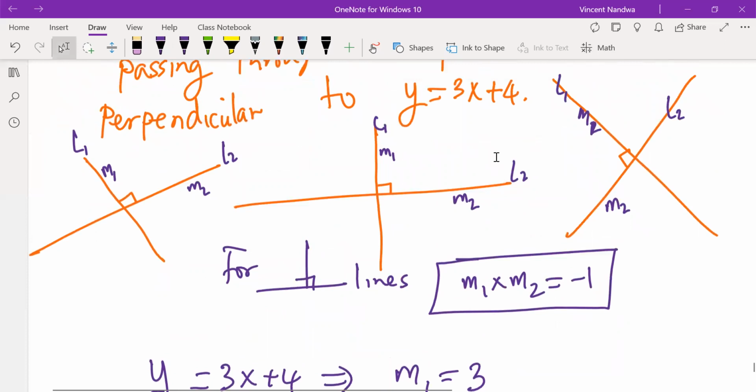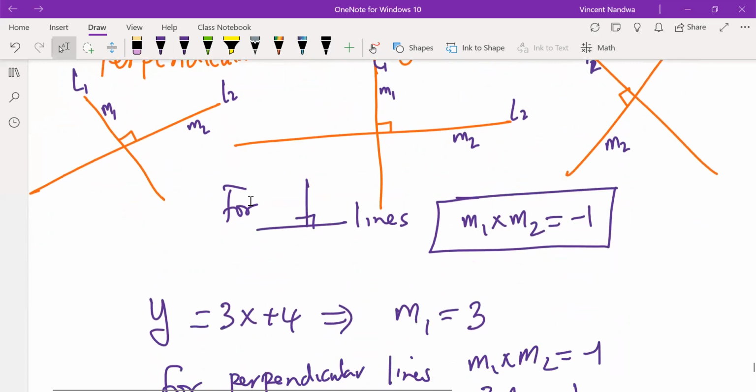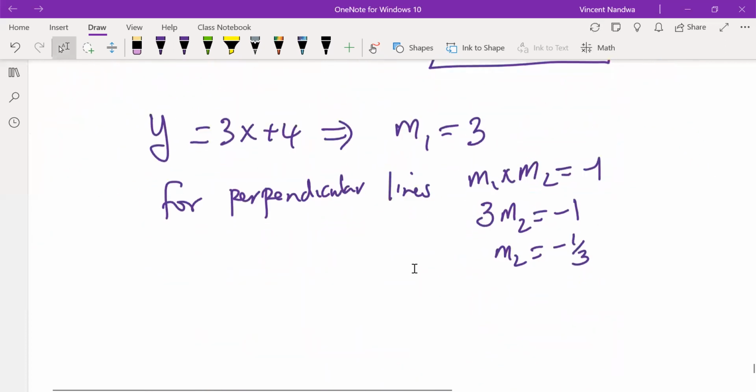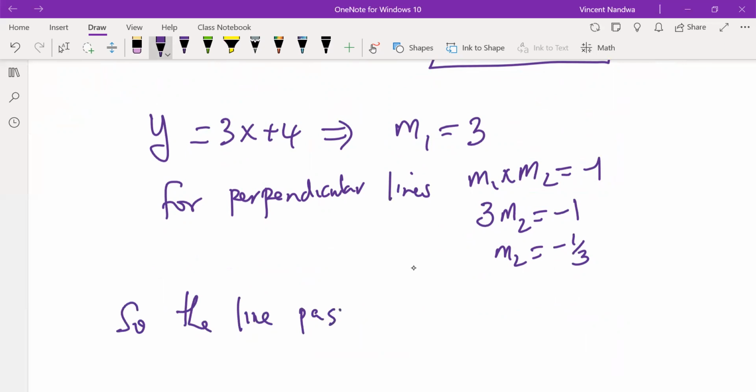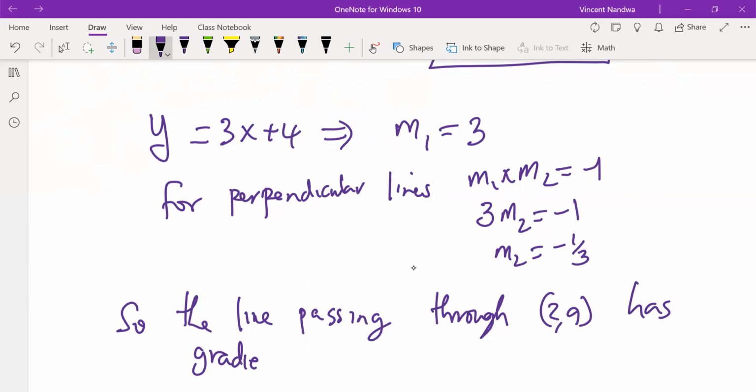So this means that this other line, the line passing through (2, 9), has gradient of -1/3.